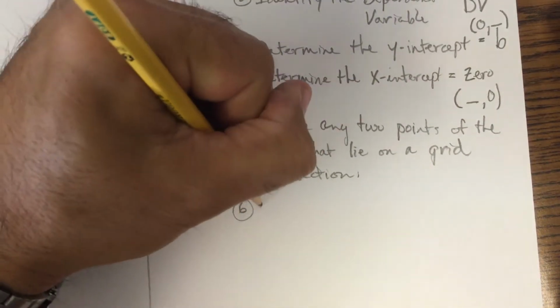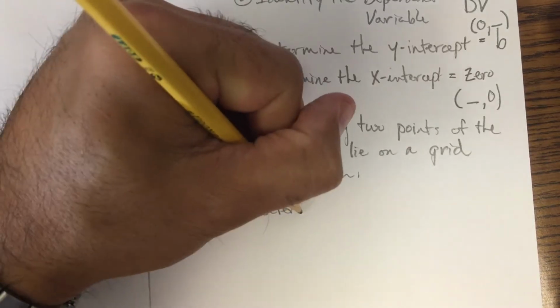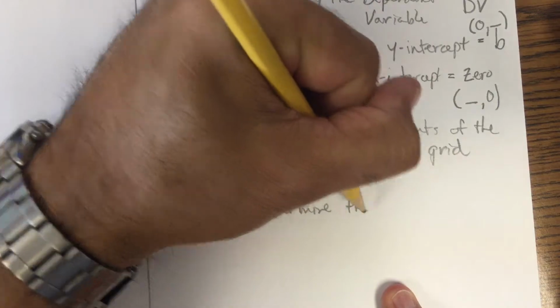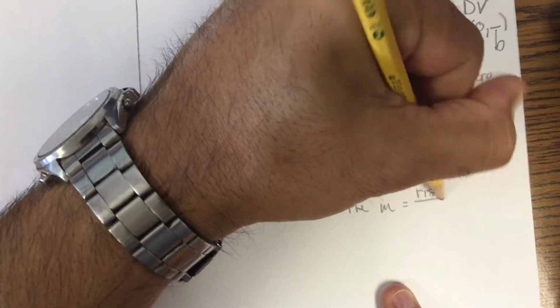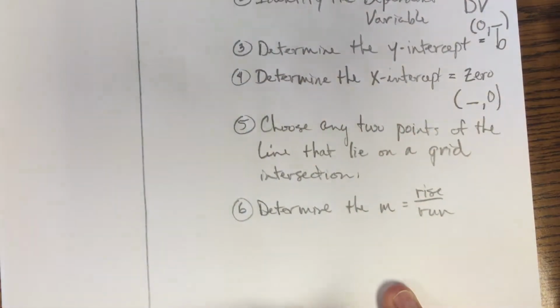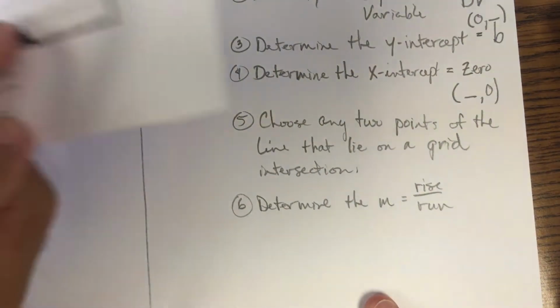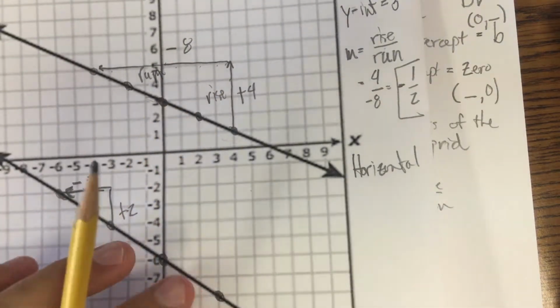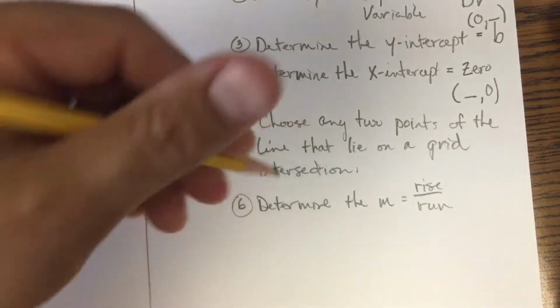step number 6, to determine the slope, to determine m, which is the rise over run. Remember, folks, what we talked about is direction. When we count rise, we count the number of spaces it goes up or down, left or right.